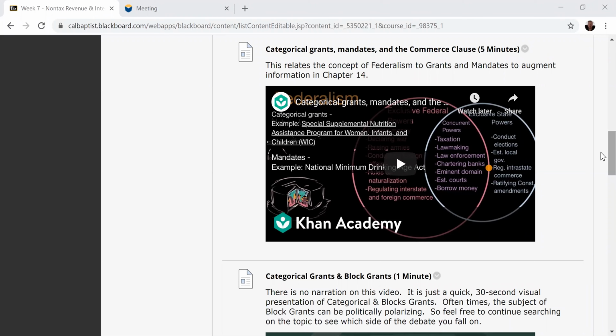As long as there is a direct identifiable connection between the mandate being proposed and interstate commerce, typically the Supreme Court is willing to allow that mandate as something that is constitutional. If, however, Congress cannot demonstrate a clear link between interstate commerce and the mandate, that is when we tend to see the Supreme Court say no to Congress and find those mandates to be unconstitutional.